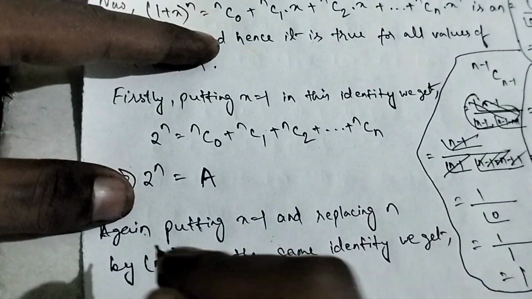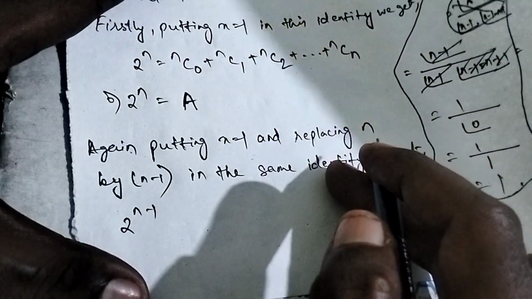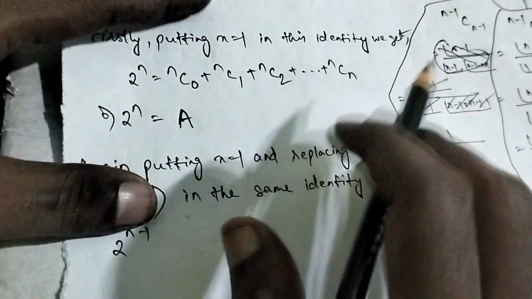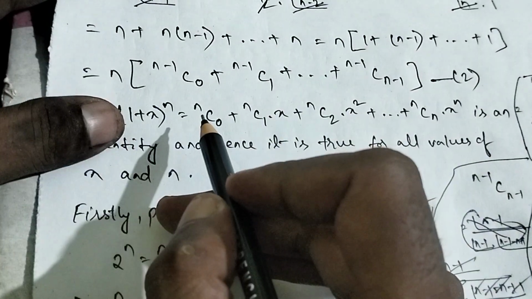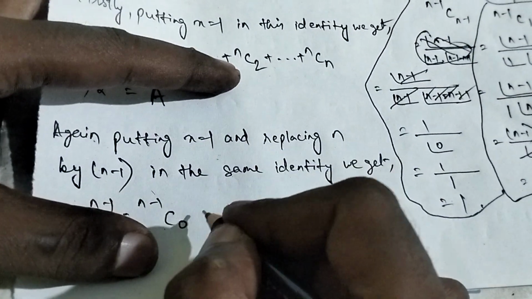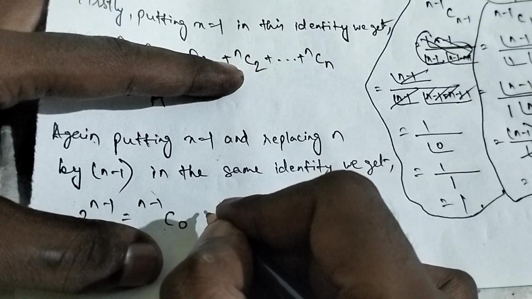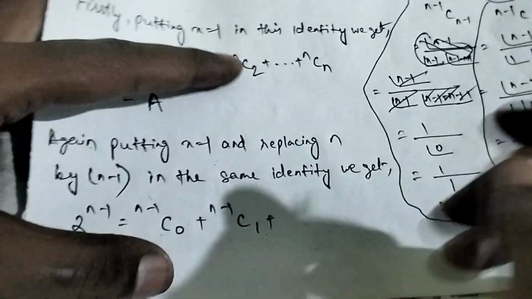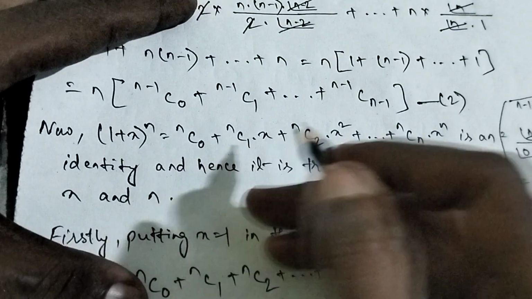So what will I get? 2 to the power n minus 1. 1 plus 1 is 2. I am replacing x by 1 and replacing n by n minus 1. So it will be 2 to the power n minus 1 is equal to n minus 1 C0, I am replacing n by n minus 1, n minus 1 C0 plus n minus 1 C1, x is 1 known.